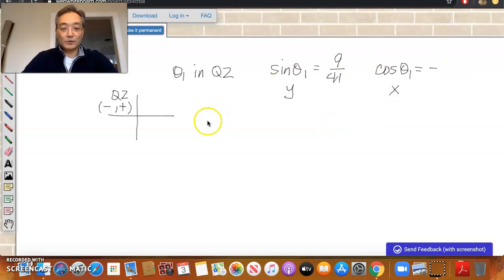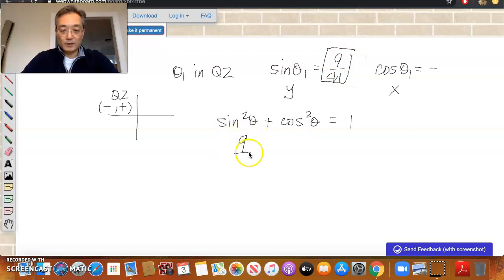Okay, so now let's use the Pythagorean identity, which is sine squared theta plus cosine squared theta is equal to 1, right, on a unit circle. Let's plug this in for sine theta. So we're going to have 9 over 41 squared plus cosine squared theta is equal to 1.